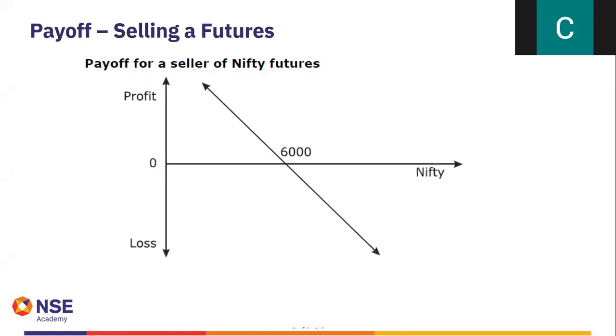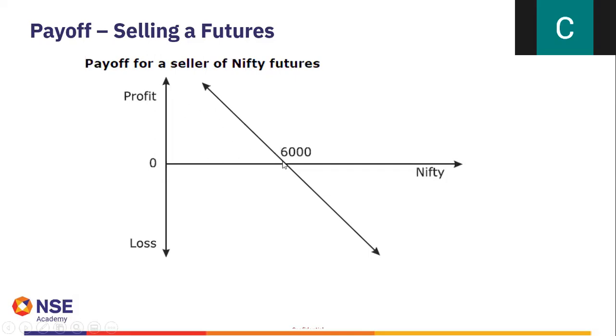Now let us see for a seller of a Nifty future. Obviously the seller will be making money when the price falls. So when the price falls, this will be his profit.